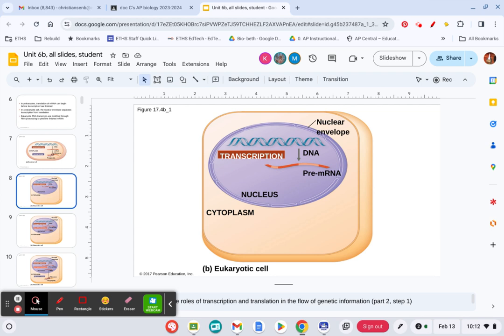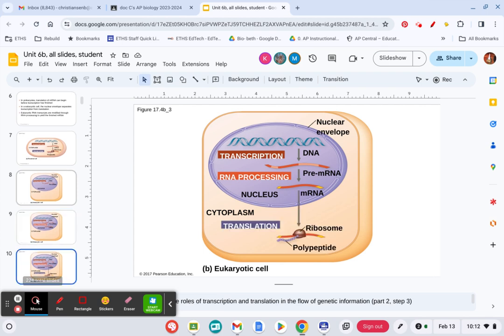Yeah. Okay. Just checking. So transcription's the first part. The second part is going to be some processing. We're going to talk about that processing today. And then the last part is going to be that second step that we see in prokaryotic cells. So there's a third step here because we're in a eukaryotic cell: translation.